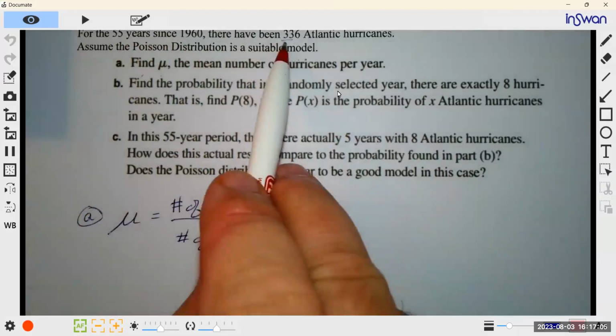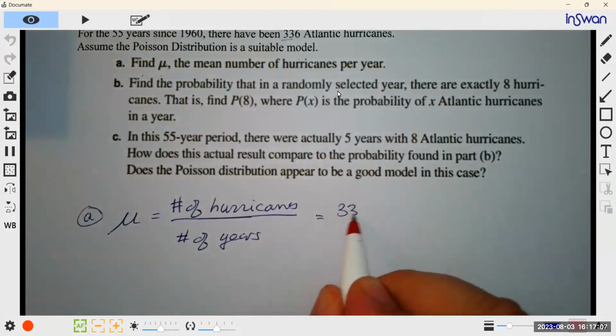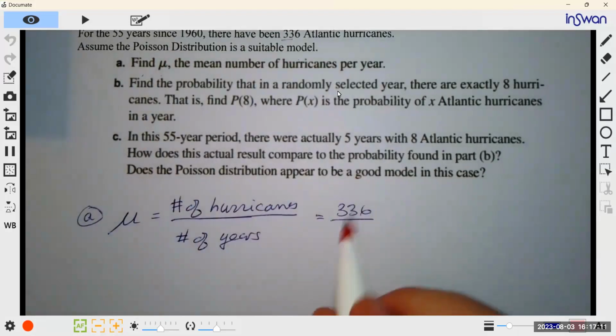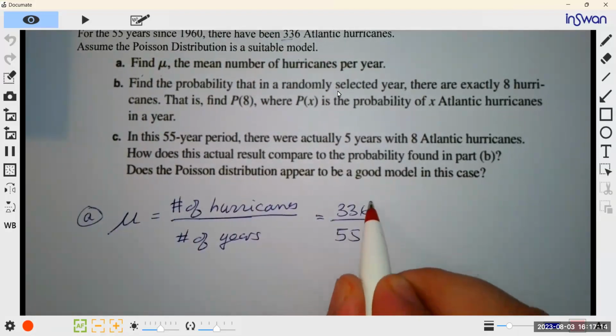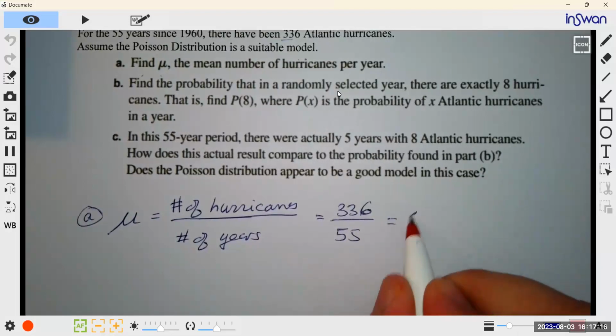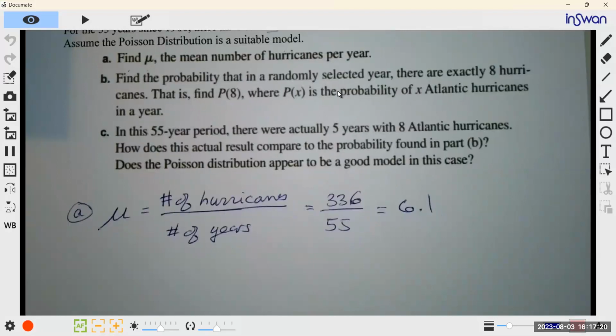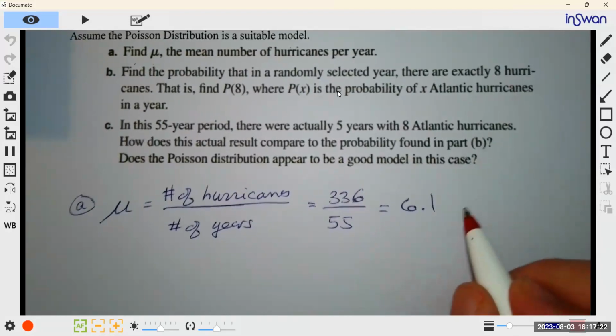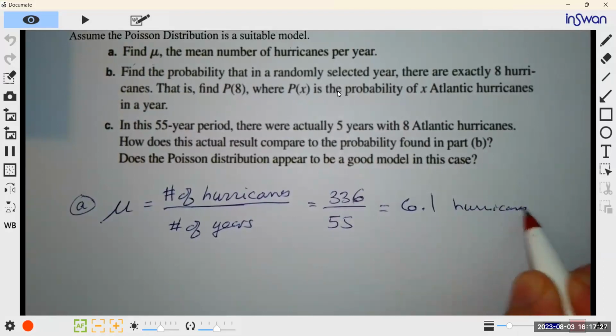So 336 over 55 years is 6.1 hurricanes per year.